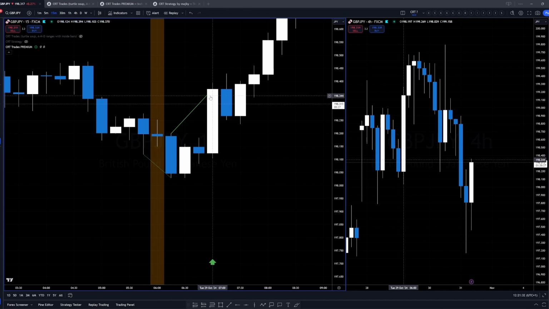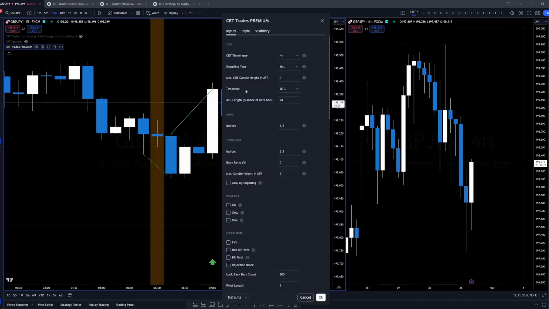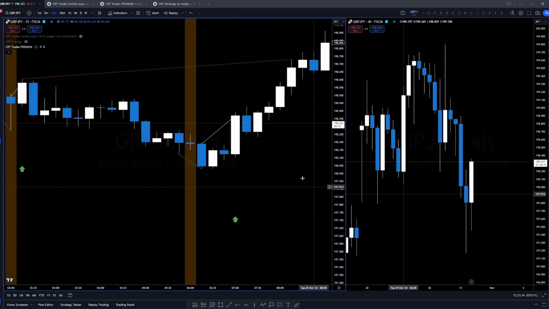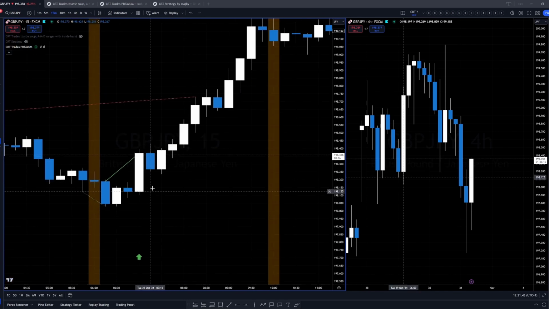You can see this solid line is going to the high, but you can also set this to the body, and then we have engulfed the body. And then we can enter either by market or by waiting to retrace to some order block or the fair value gap.